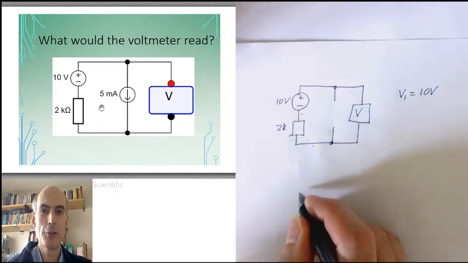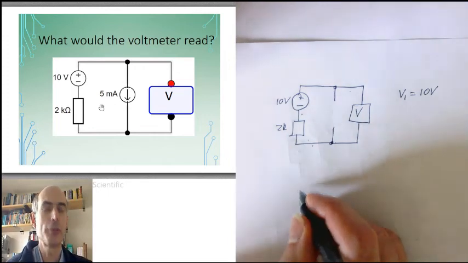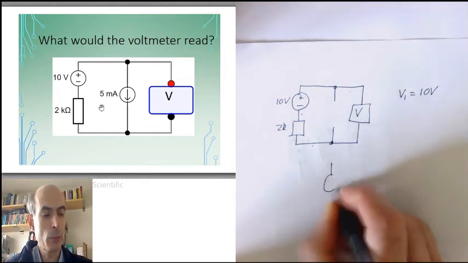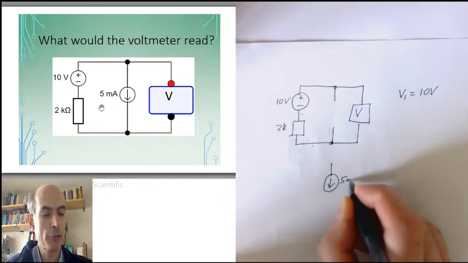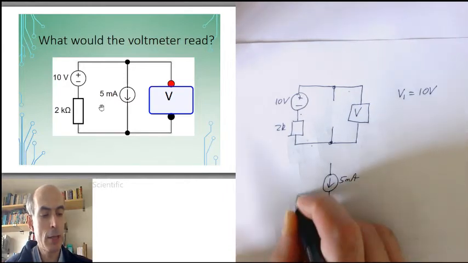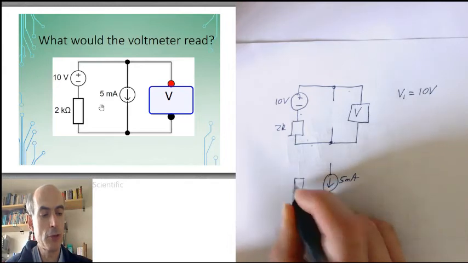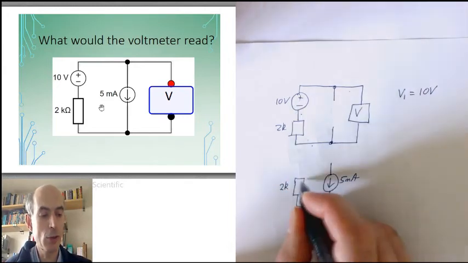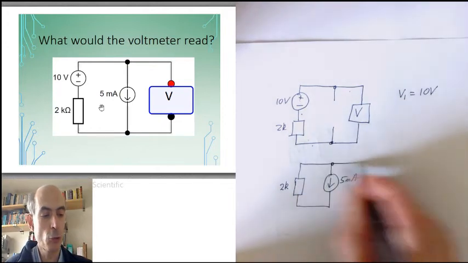Next, let's consider just the effect of the current source. We'll turn the current source on. That will force 5 milliamps to flow down here. The voltage source we will set to 0, and a 0 voltage source behaves just like a wire, so I could just draw the circuit like that.